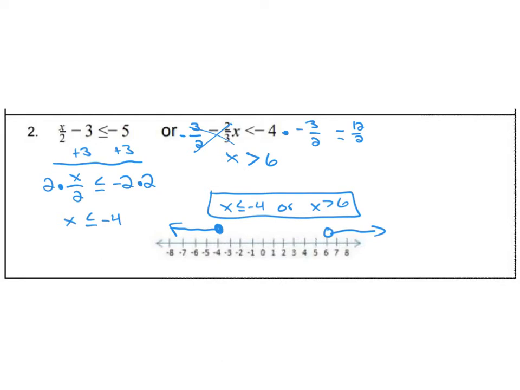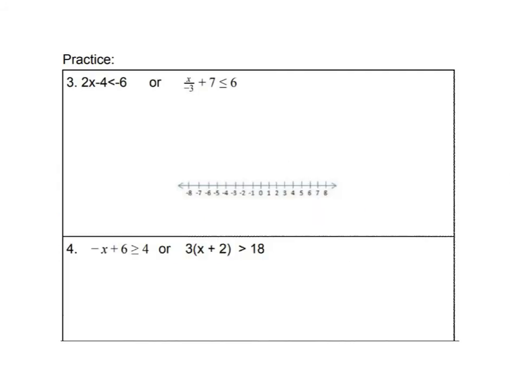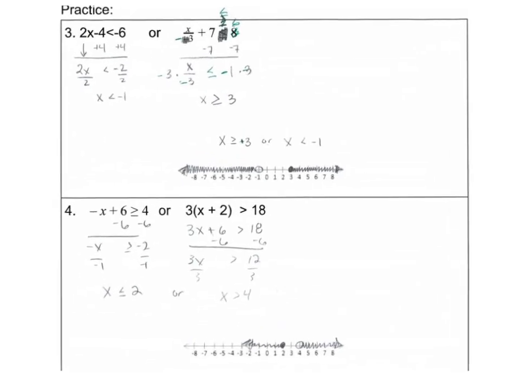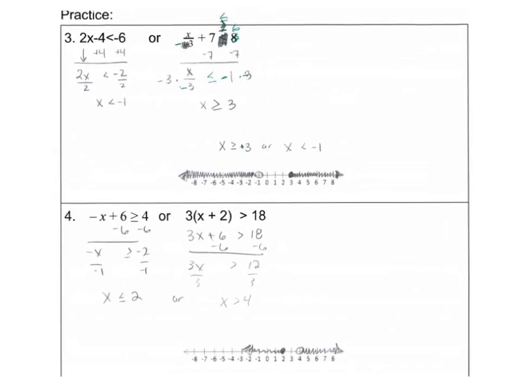Okay, that's it for examples. Take a minute here to pause, complete these practice problems. Don't forget things like distributing and dividing by -1s when we have to. Good luck. Okay, take a minute to check your work.